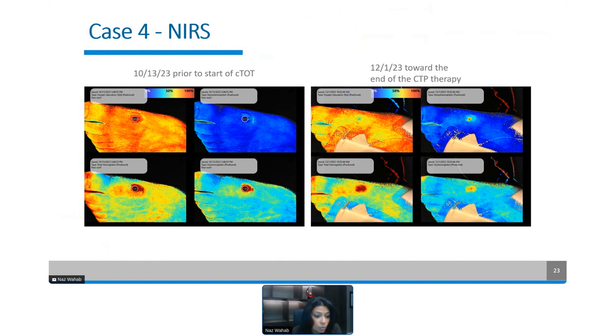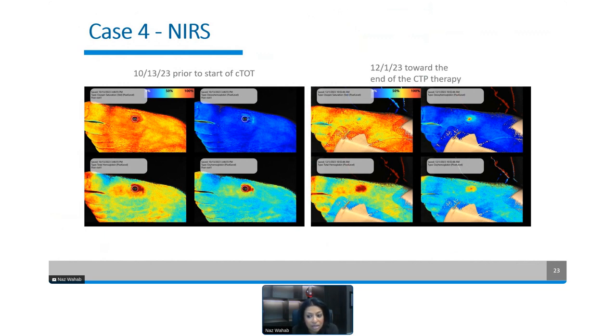And also here you can see that there's a concentration, but look, even though we're towards the end of the CTP therapy, at probably 80–90% epithelialization, we still have a high metabolic demand of hemoglobin, and oxyhemoglobin is now going down. So you can see that this is probably moving through that remodeling phase. Again, understanding that there's a metabolic demand in that remodeling phase.